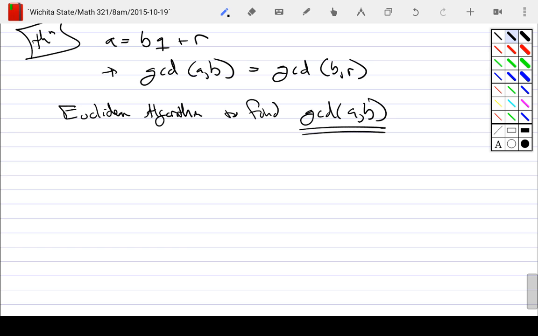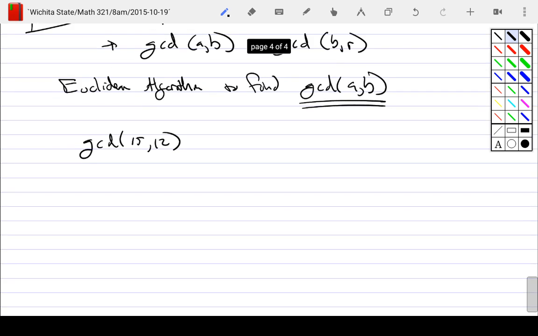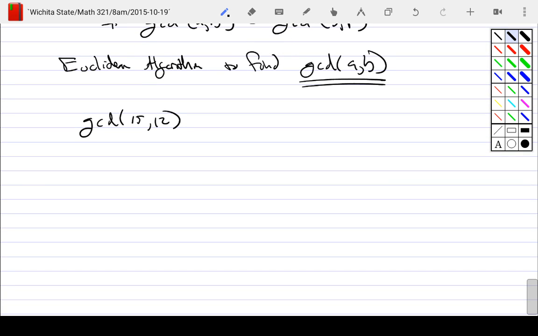It's smaller. So I could go through a problem and say, okay, what's the GCD of 15 and 12? I already know what the answer is, right? It's 3. Well, the Euclidean algorithm says, all right, fine. 15 is 1 times 12 plus what left over? 3.